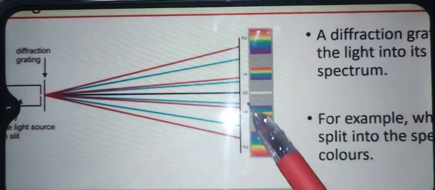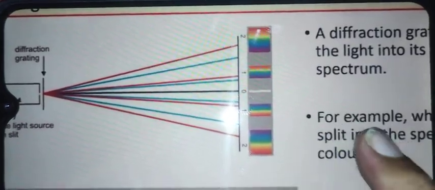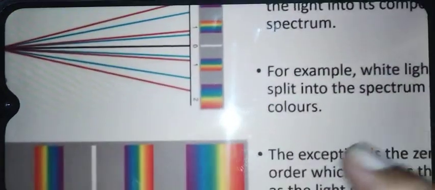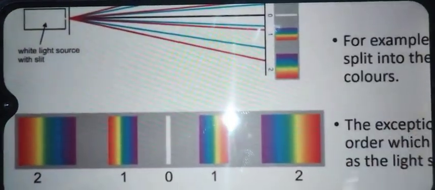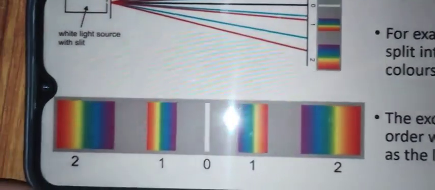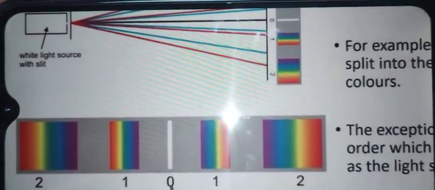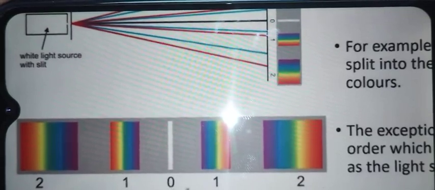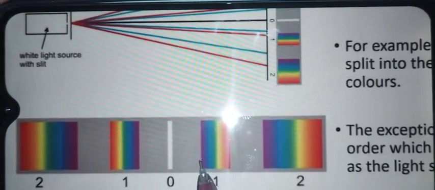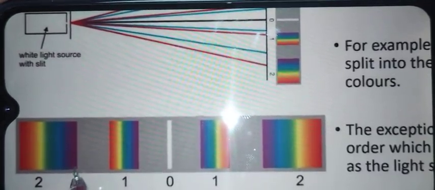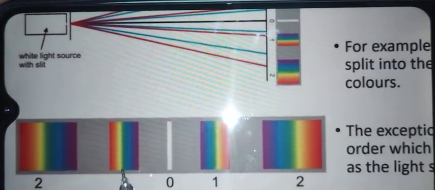This type of beautiful color bands is formed. Now see the details of the spectrum once more in the diagram: zero order, first order on either side, violet to red, second order, violet to red.